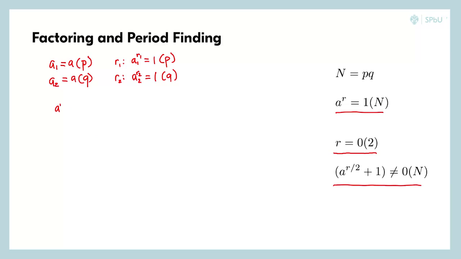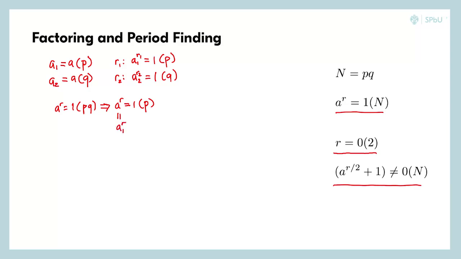Okay, now we have that a to the power r equals 1 modulo pq, and we can conclude that a to the power r equals 1 modulo p also. And this a in this field is A1.